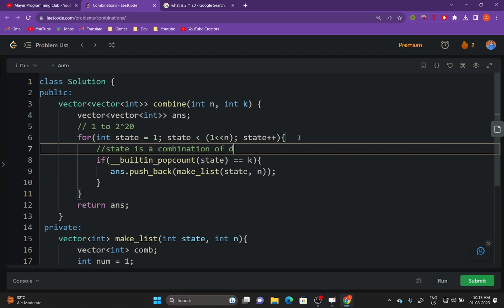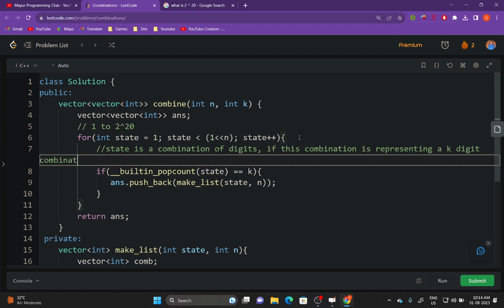State is nothing but a combination of digits, and if this combination is representing a k digit combination, then we will consider it.